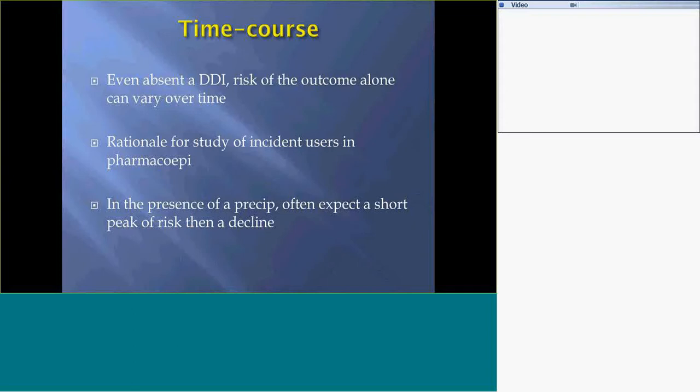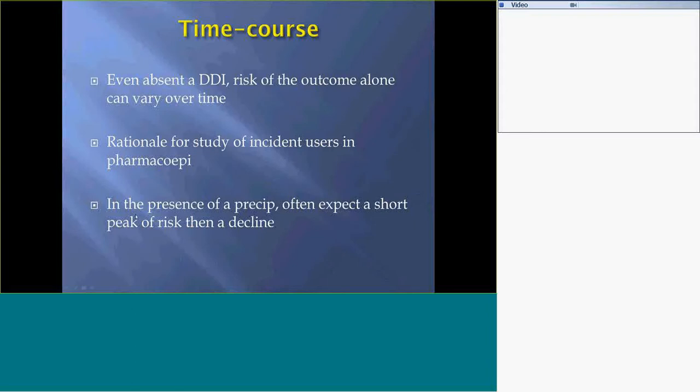And this is primarily the driver of the rationale for studying incident users in pharmacoepi. That is, you want to follow people from when you see them begin therapy and then follow them forward over time, rather than study a mix of people who had been on the drug for a really long time versus people newly initiating the drug because they might have differential patterns of risk.